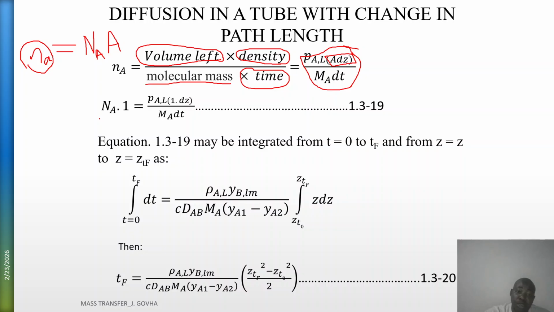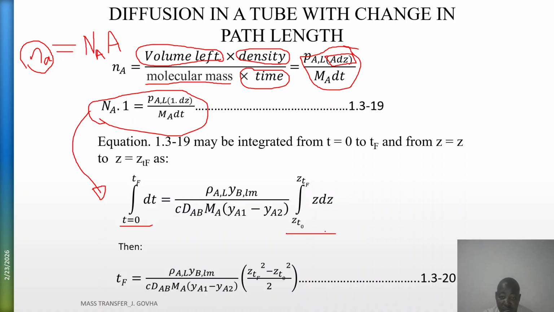So now we need to integrate this equation, using the limits t equals 0 to tF, and z equals z0 to zF, as indicated there, where we've made use of the limits.